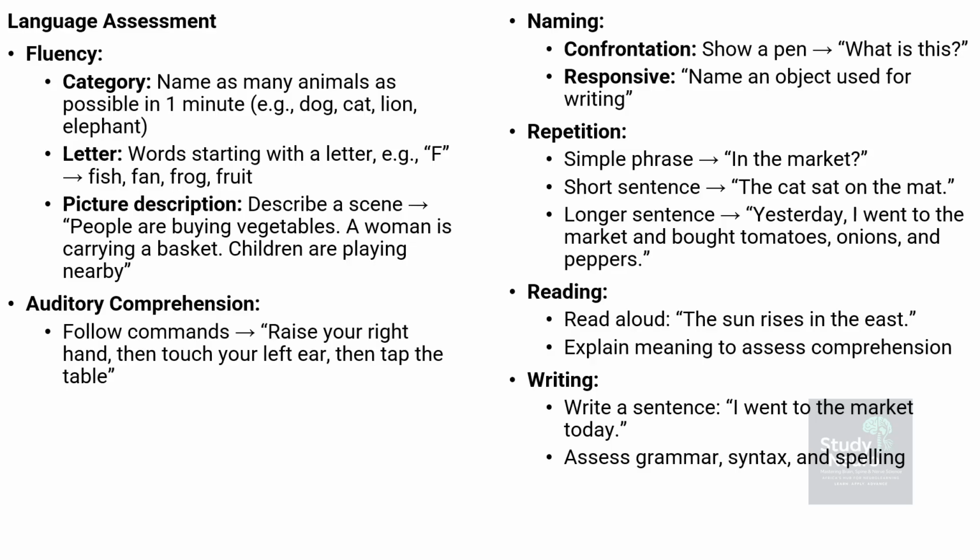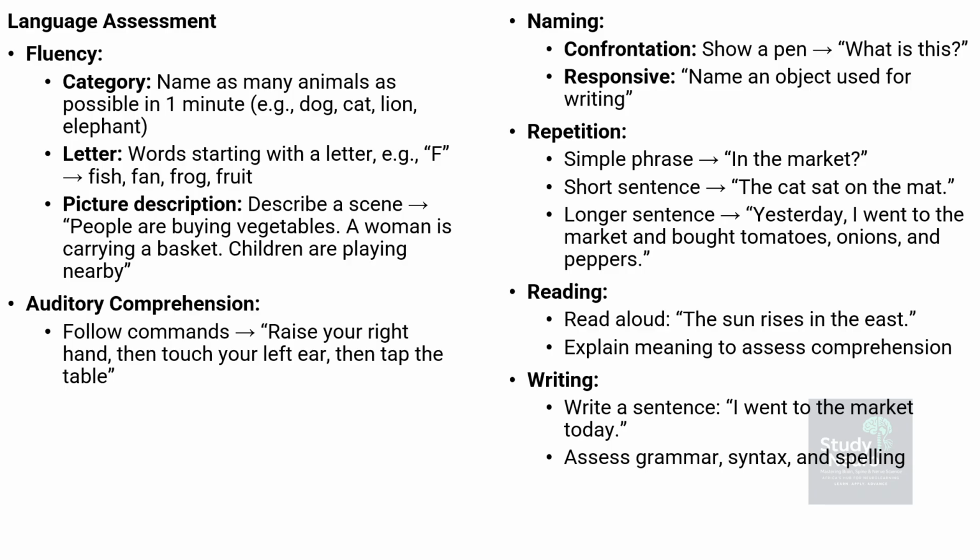This task provides quick insight into word generation, speech flow, and executive control. Picture description can also be used, where the patient explains what is happening in a simple scene to assess sentence structure and coherence.